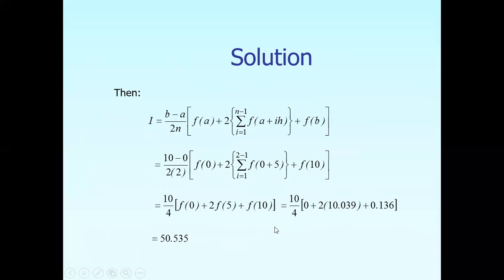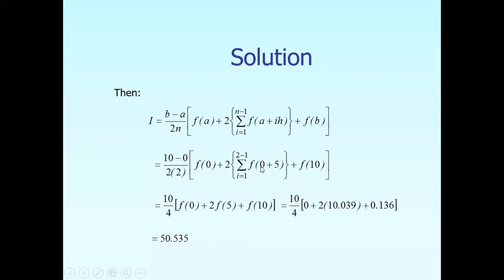Put the values in that equation. B minus a divided by 2n into f of a plus 2 into the remaining terms plus f of b.